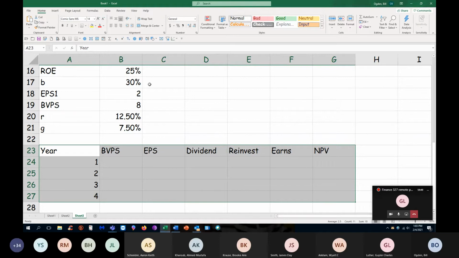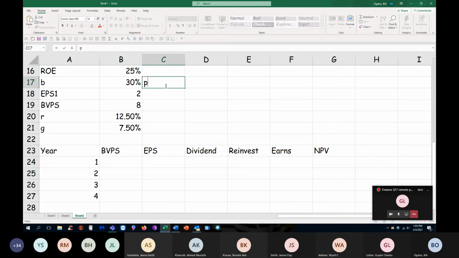Plowback, just kind of remember these, is 30%. EPS 1, we know what that is. Book value per share. And this is our R, this is our cost of equity. All right, and the growth rate is 7.5.